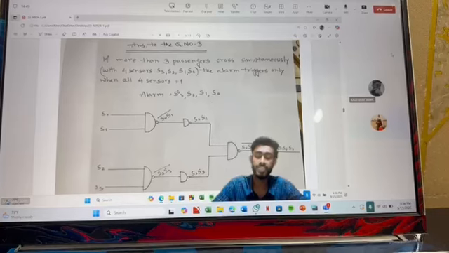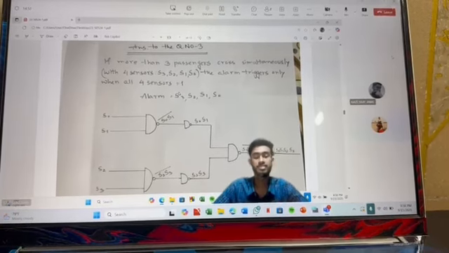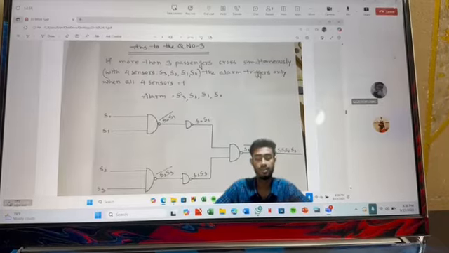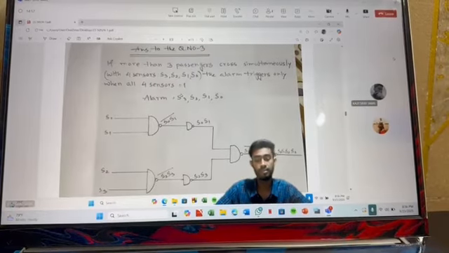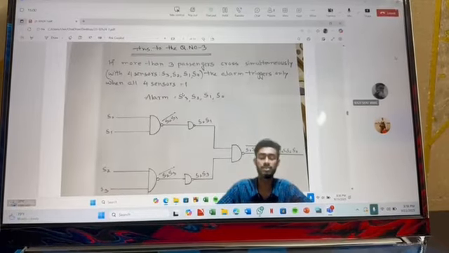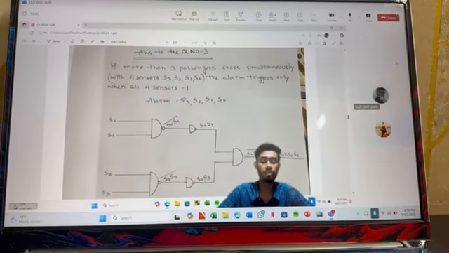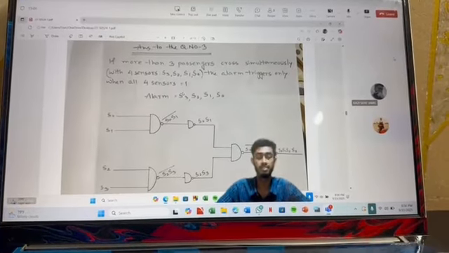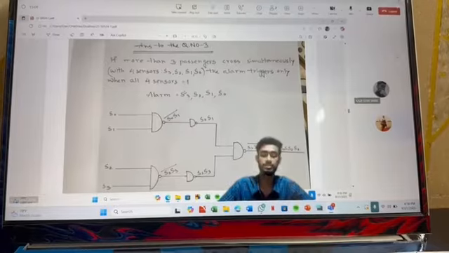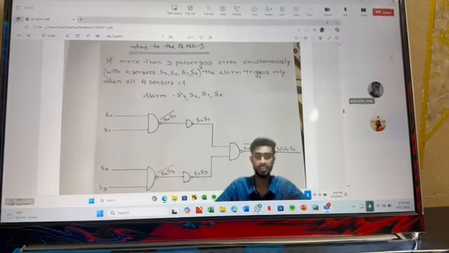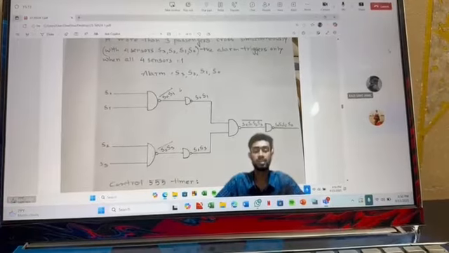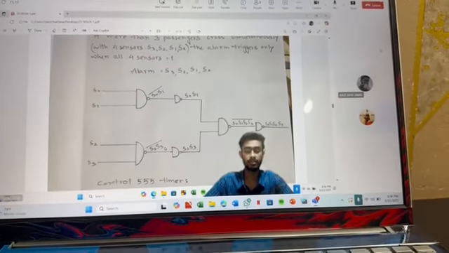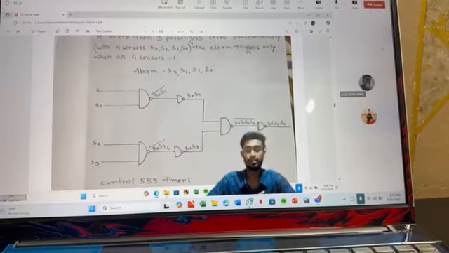The goal is to detect if more than 3 passengers try to get past the gate at the same time. To do this, we used 4 sensors. The alarm will only go off if all 4 sensors are triggered simultaneously. We use a simple circuit made with NAND gates, which we can see on the screen, to create this logic.